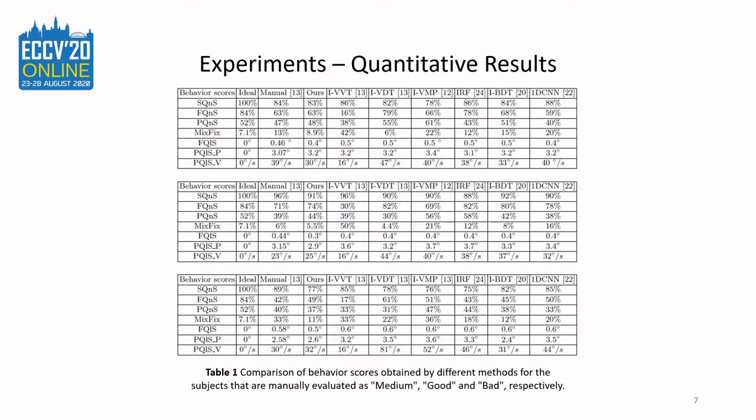In this table, we report the behavior scores obtained by the proposed method and other methods on the subjects that are manually evaluated as median, good, and bad in the eye tracking data quality. The ideal scores and manual classification results are also reported for comparison. The calculation of the ideal behavior scores considers the actual physiological reactions of humans when performing different types of eye movements.